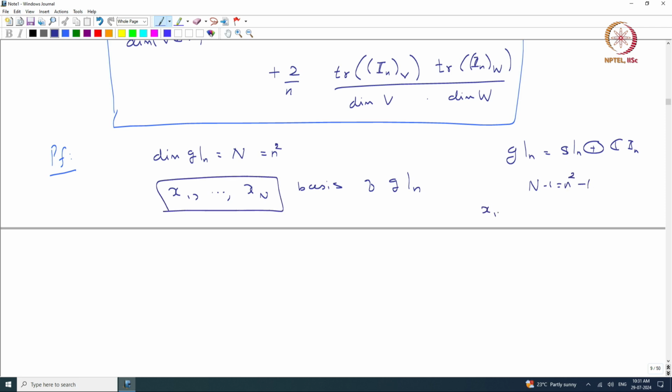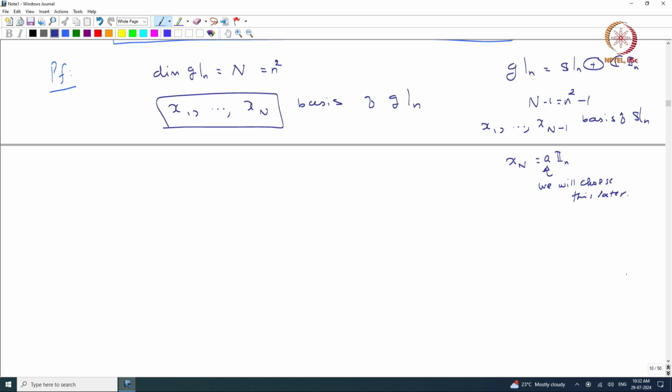So we choose this basis so that the first N minus 1 elements become a basis of SLN, and then you set xN to be some multiple of the identity. We will choose the scalar carefully later. Okay, actually we can choose it to be the dual, since we are interested in the dual.